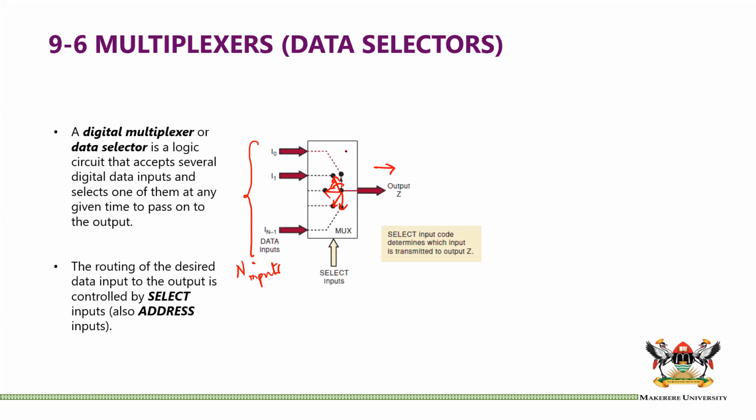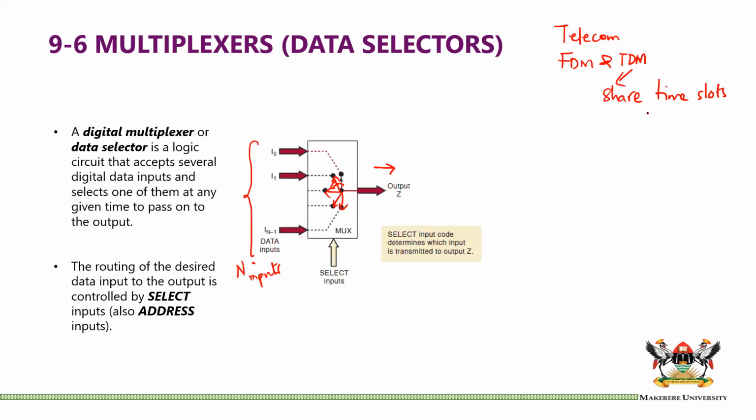Multiplexers find a lot of functionalities in so many areas. For those of you in telecom, for instance, who know about FDM and TDM, in TDM you share time slots.